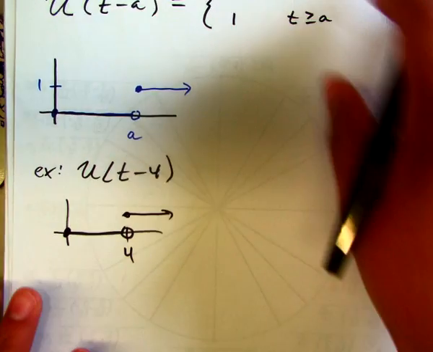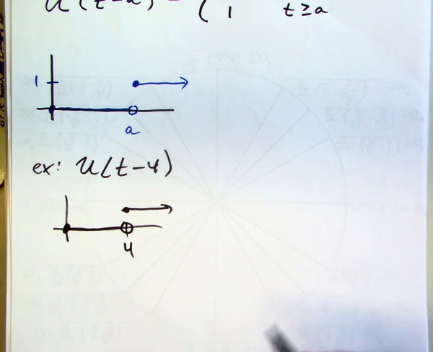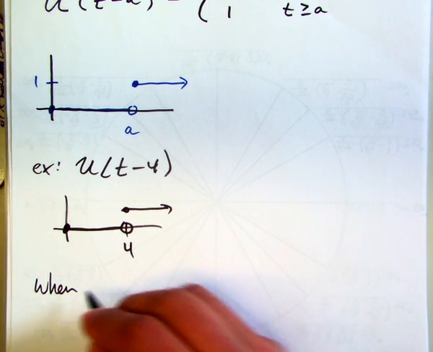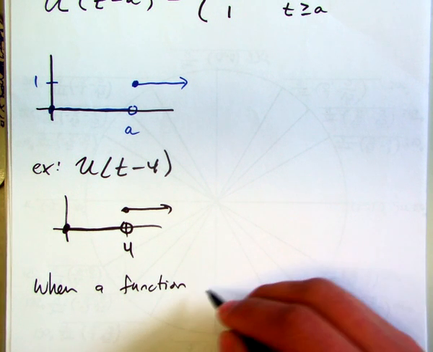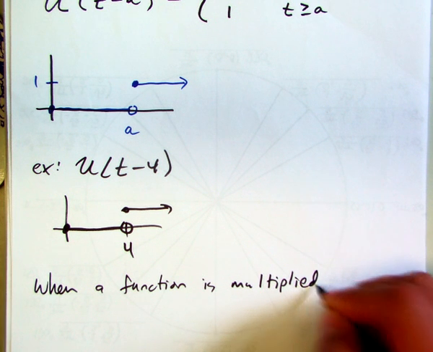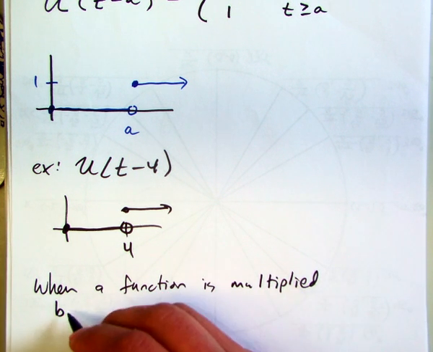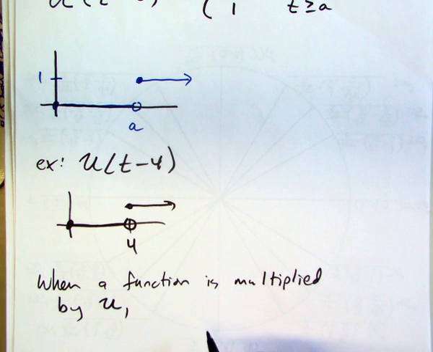And now here's really where we start to see why this is useful. When a function is multiplied by this unit step function, that's exactly what it does.